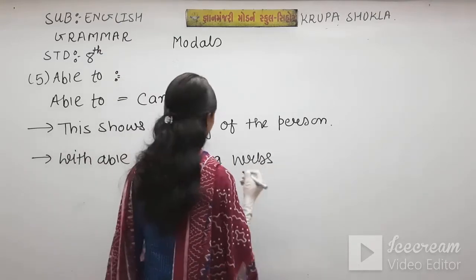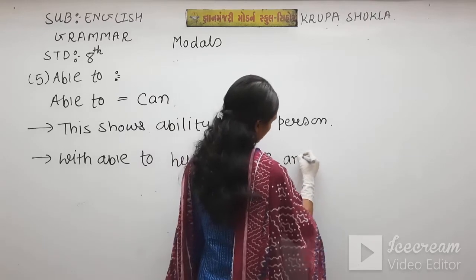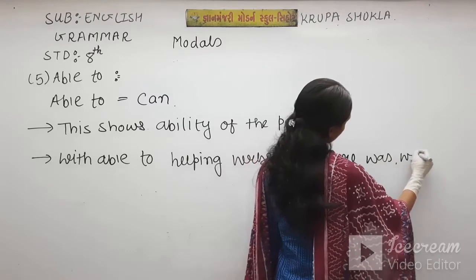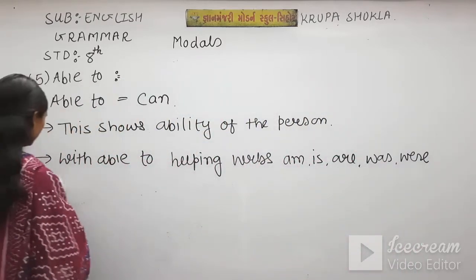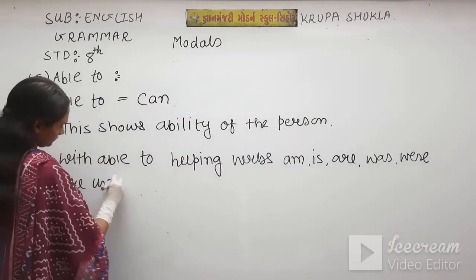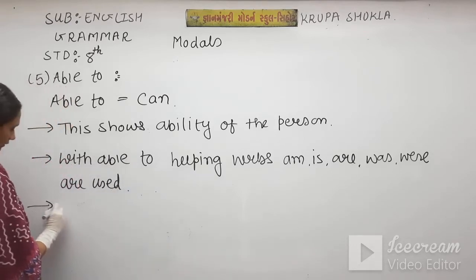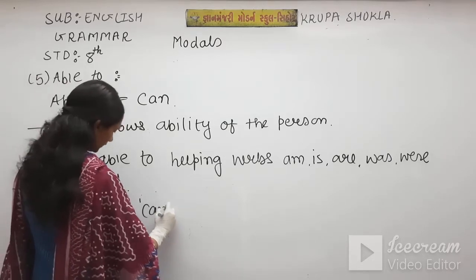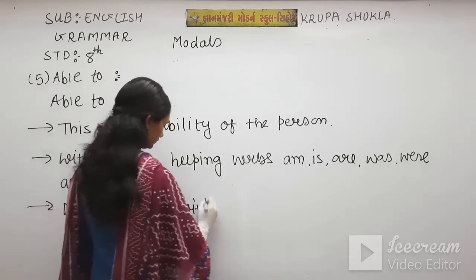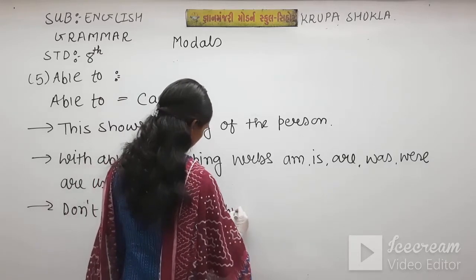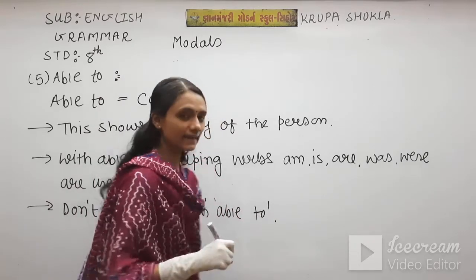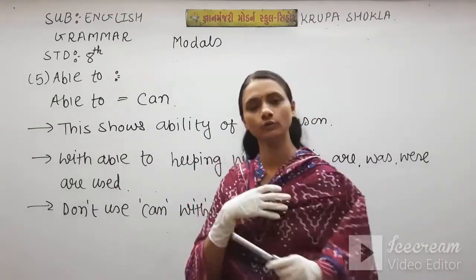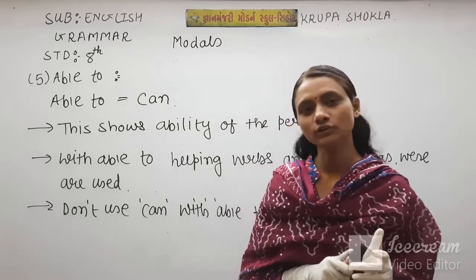Don't use can with able to. It means can and able to both are, you cannot use both together because both have the same meaning.